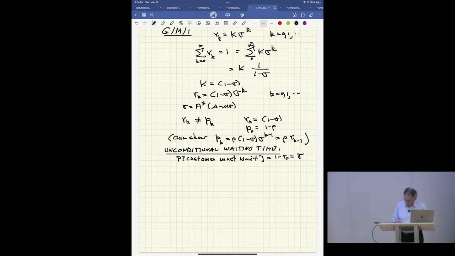Now to continue this argument, I'm going to let the quantity capital A be the event that an arrival must queue. And now I want to write down the probability distribution function, capital P, capital D, capital F, as follows.